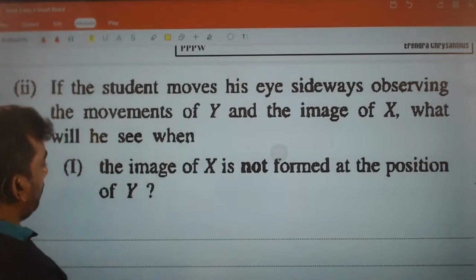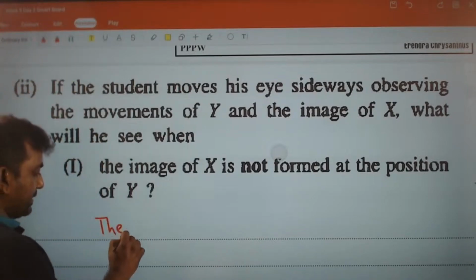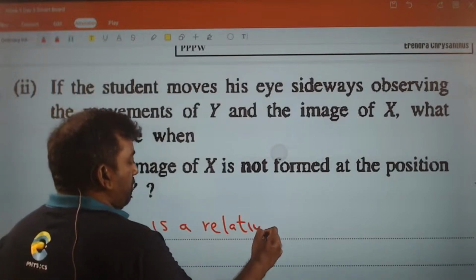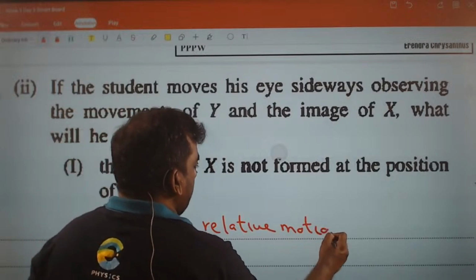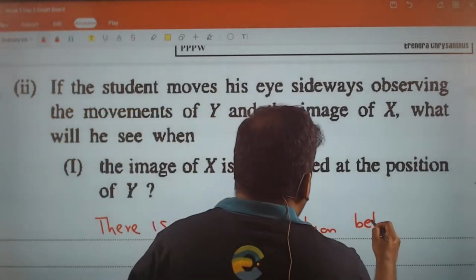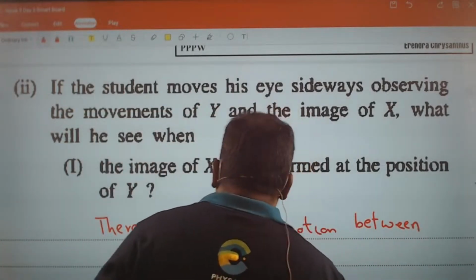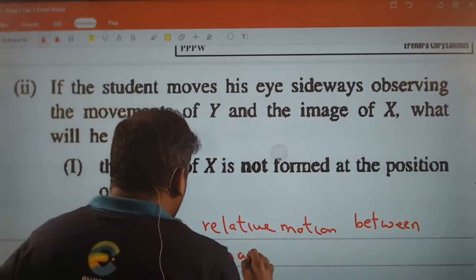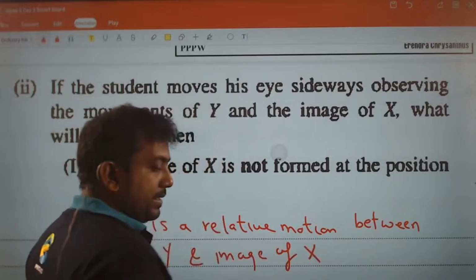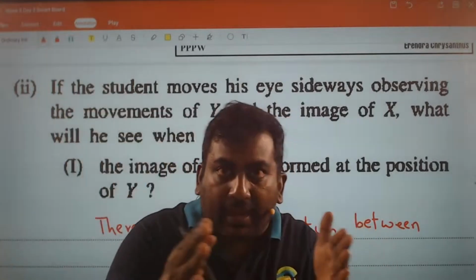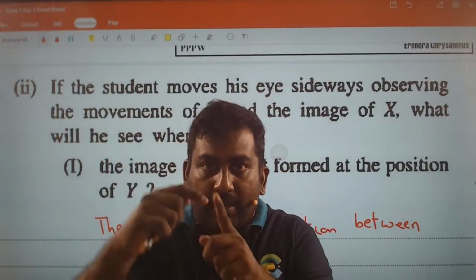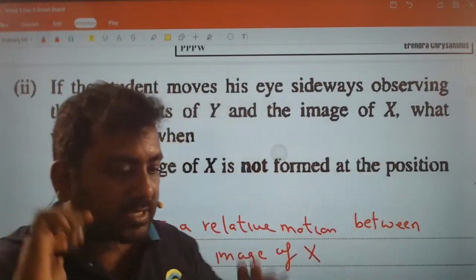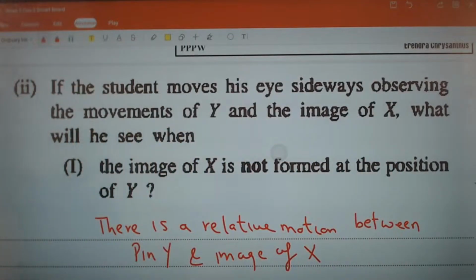So if it's not formed, there is a relative motion between pin Y and image of X. So when you are moving your eye in the lateral direction, if the pin and the image are moving with a relative motion, that means they are not coinciding with each other.